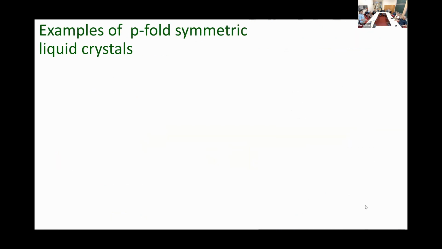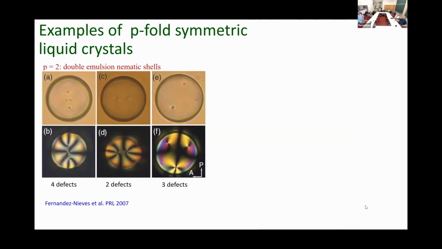There are many examples of k-fold symmetric liquid crystals. The first example of motivation is the double emulsion nematic shells, where, depending on the thickness of the shells, you can have different types of defect configurations.